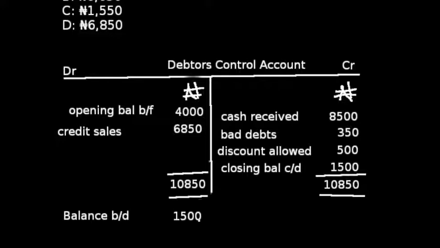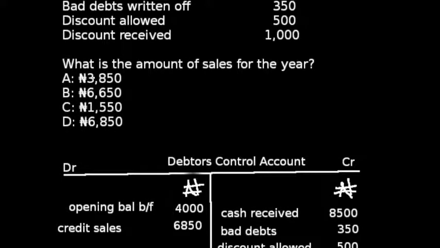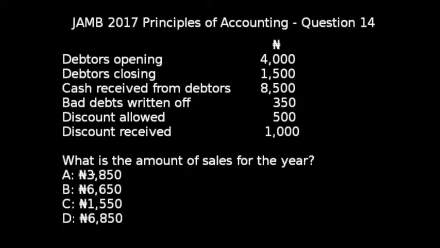So looking at the options, we have option D, which is 6,850 naira. So option D is the correct option.